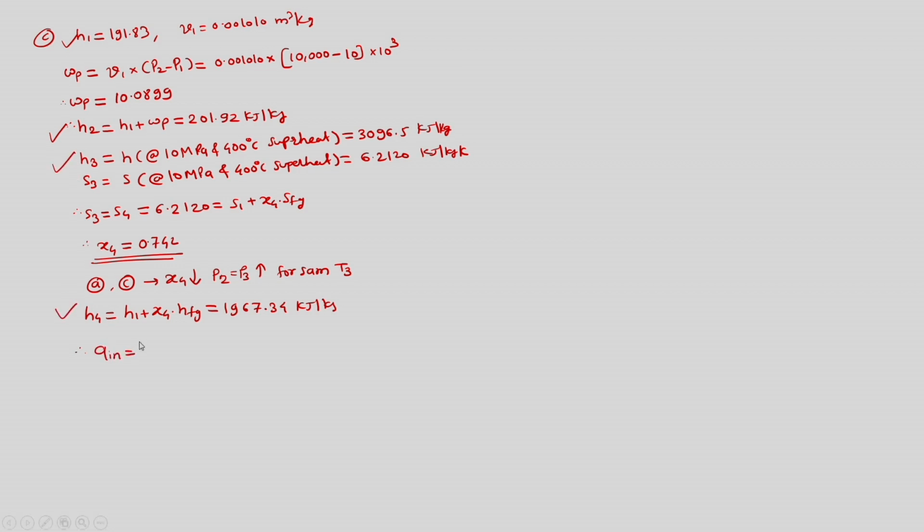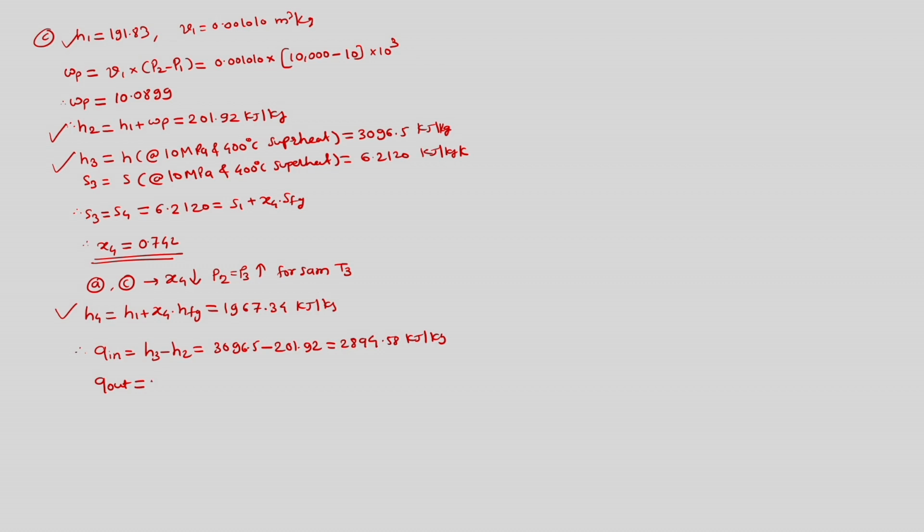Q in turns out to be H3 minus H2, so it is 3096.5 minus 201.92, and Q in is 2894.58 kilojoule per kg.